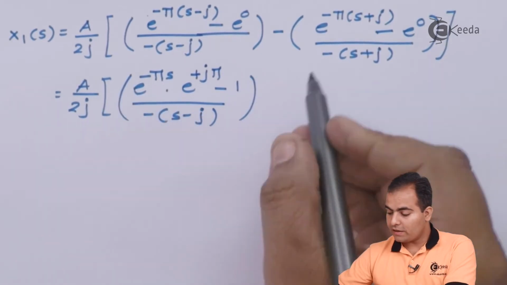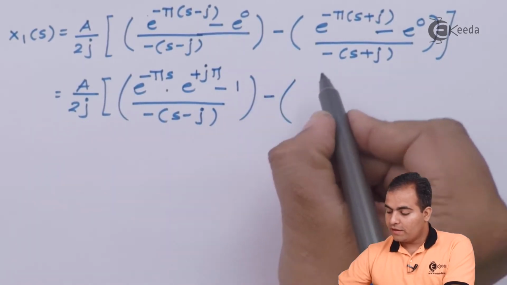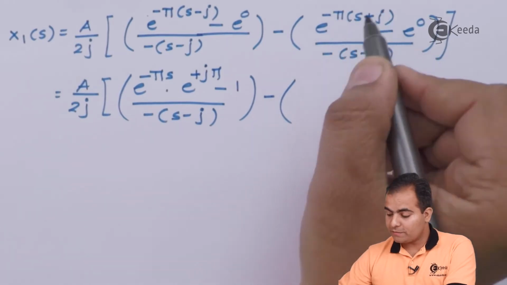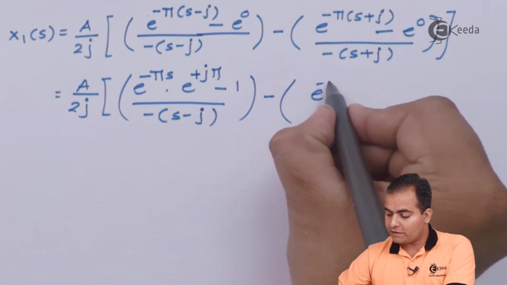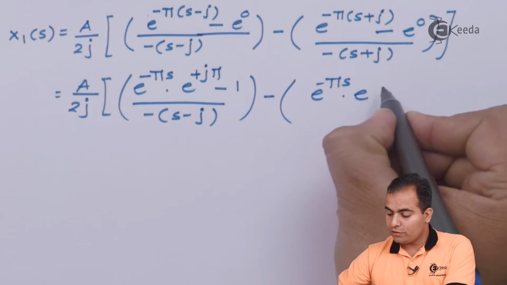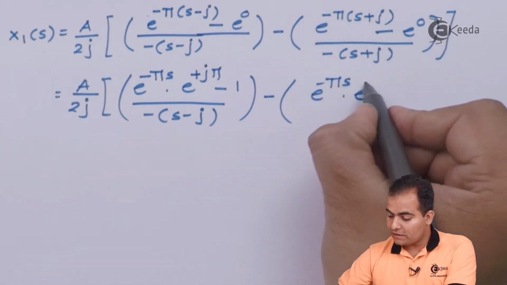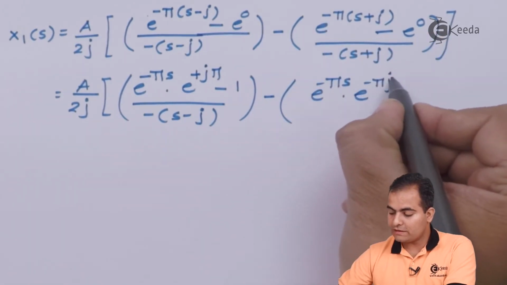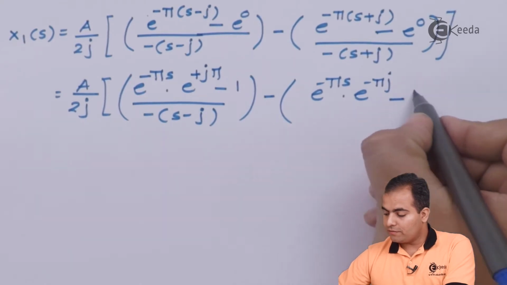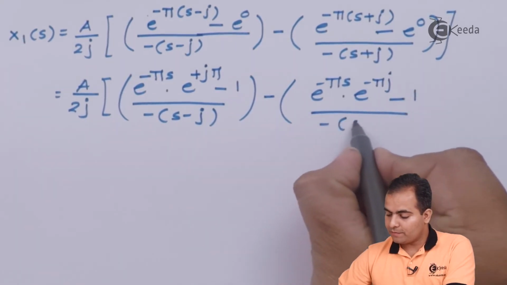This is our first part, and in the second part what we have, again this minus will be multiplied inside this bracket, so we have e to the power minus pi s into e to the power minus into plus, answer is minus pi j, or you can say minus j pi, minus of 1, whole divided by minus of s plus j.